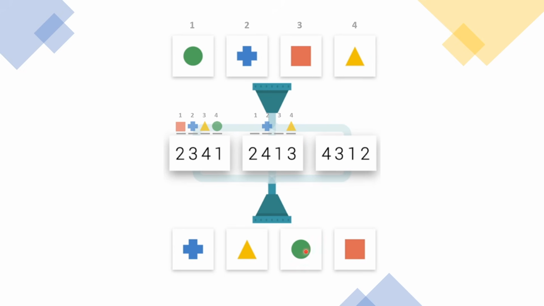Then the third shape, which is the circle, is represented by the third number, which is 1, so it's telling us the circle should be in position number 1, as you can see. And then finally, of course, the square is represented by position 3, and so this is position 3. And now when we cross-reference the input or the expected answer, we see we have a perfect match, 3, and then the 4 is triangle, so we know that this is the correct answer.